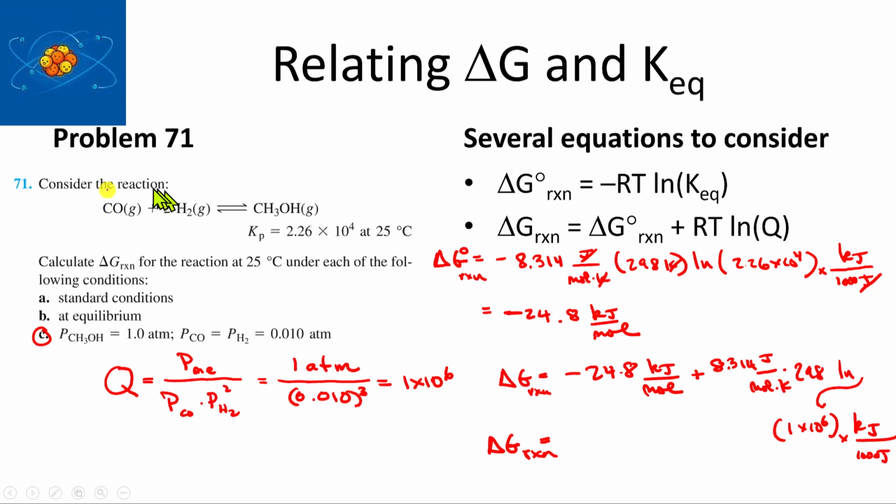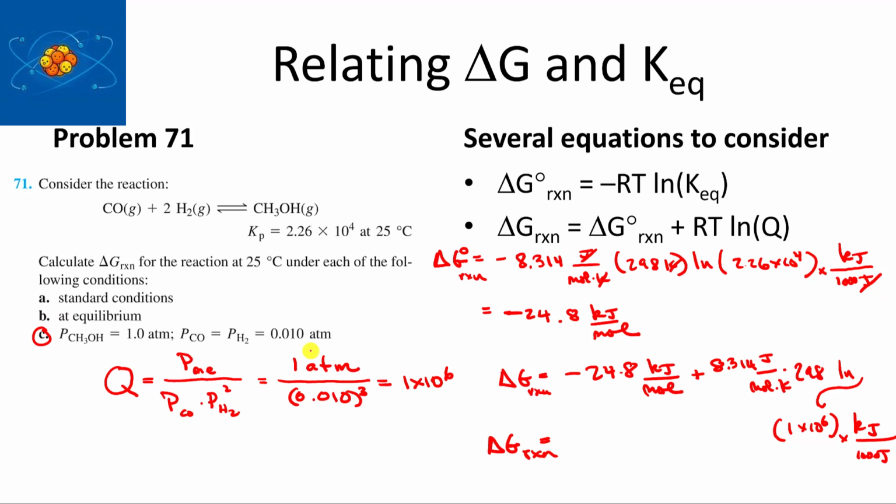But what happens if I decrease these to be less than 1 atmosphere? They're 0.01 atmospheres each. Then in principle, if you're thinking Le Chatelier's principle, it would drive the reaction towards the left. So what that means is it should become less spontaneous by lowering the concentration of the reactants.